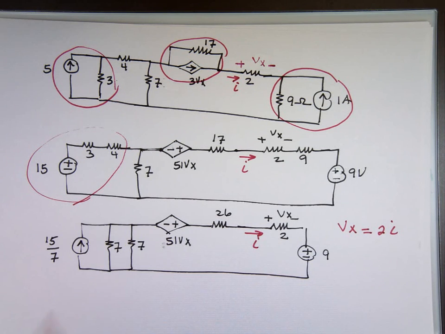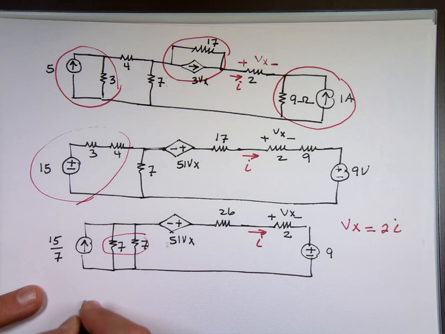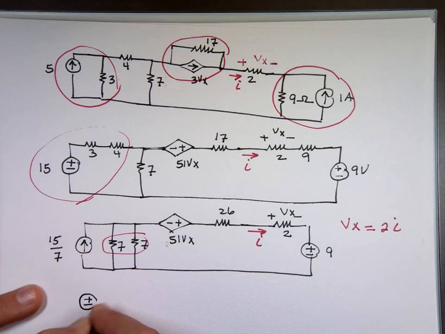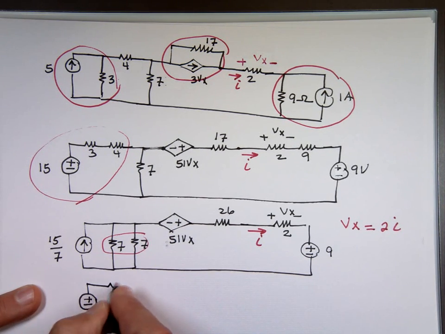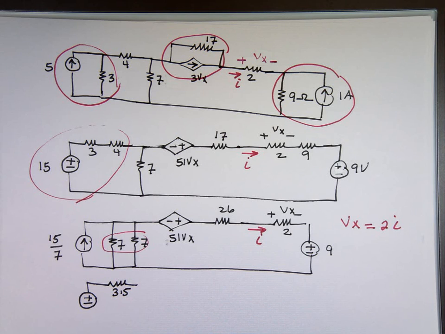Now what about these 2 resistors? How are they connected? That's 3.5. When they're equal, it's half of that. So now I can do one more source transformation. 3.5. And the value of that will be what? 15 divided by 7 times 3.5, 7.5.